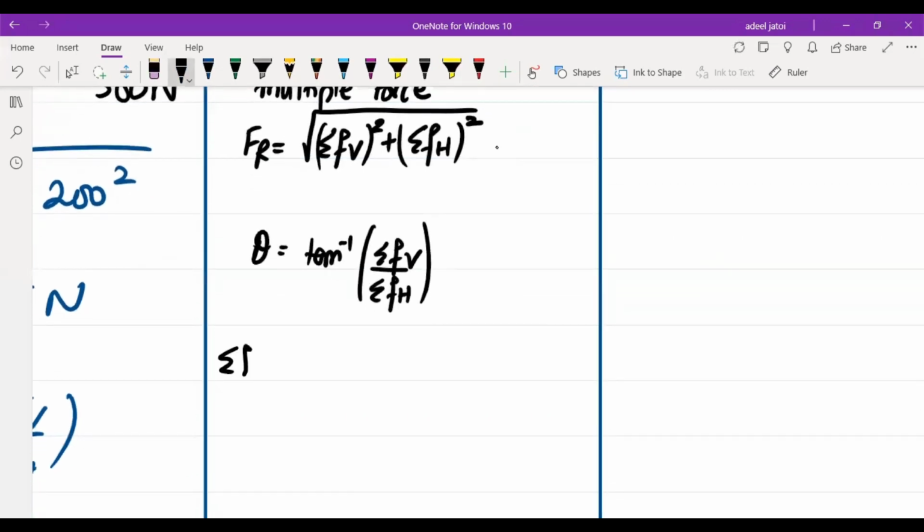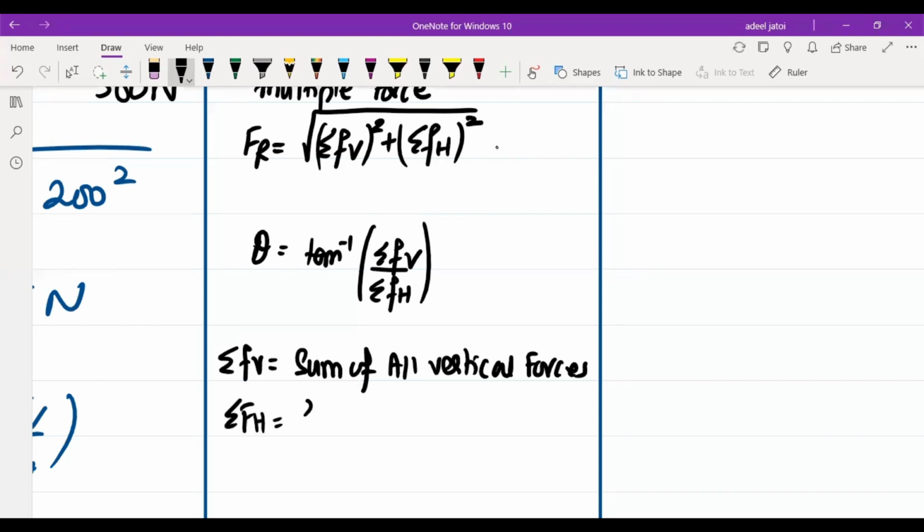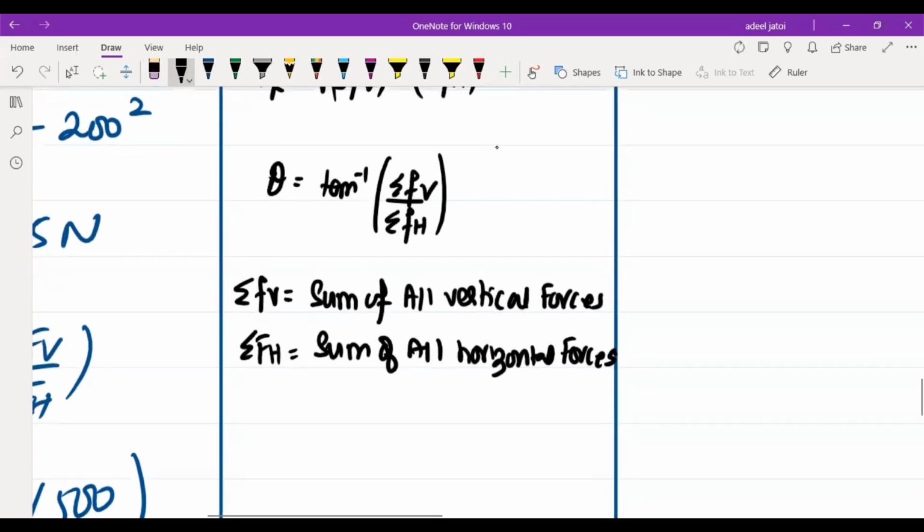Let's say ΣFV is the sum of all vertical forces and ΣFH is the sum of all horizontal forces. Your FR is basically your resultant force.